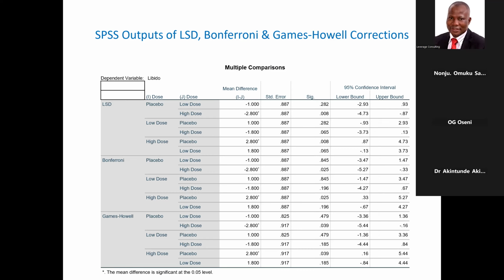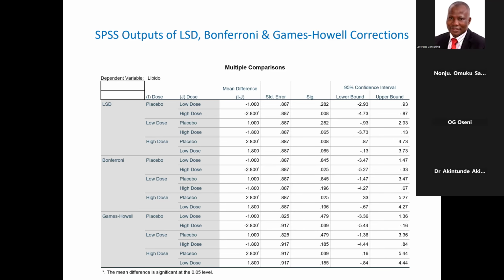It's just for you to reduce it a little and it will have reached 0.05. So that shows that something that may not be significant with Bonferroni will be significant if you use LSD. Can you see now? That is why they have said that LSD overcorrects.